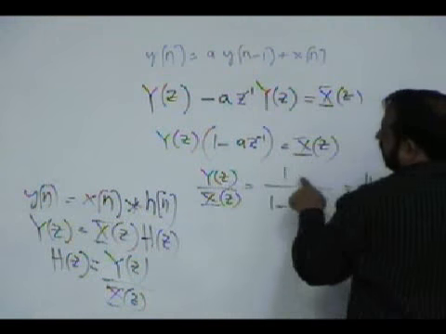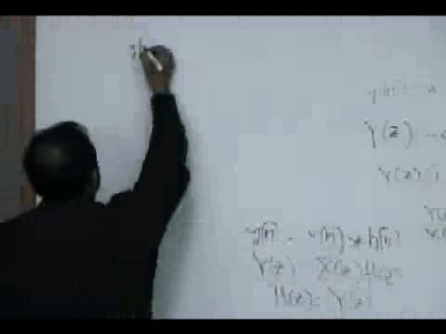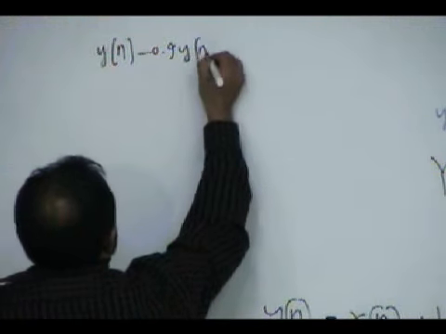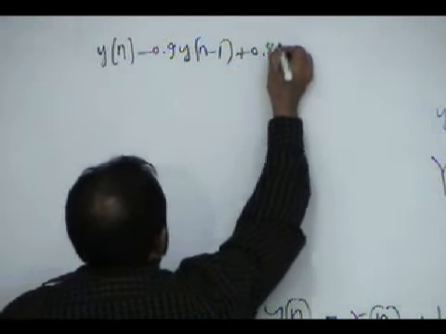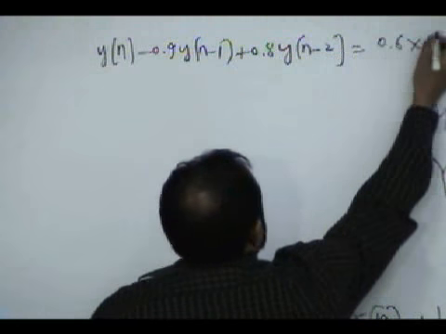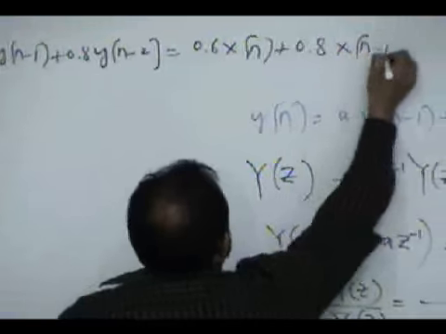For example, if I ask you what is the H of Z for this: y of n minus 0.9 y of n minus 1 plus 0.8 y of n minus 2 equals 0.6 x of n plus 0.8 x of n minus 1.